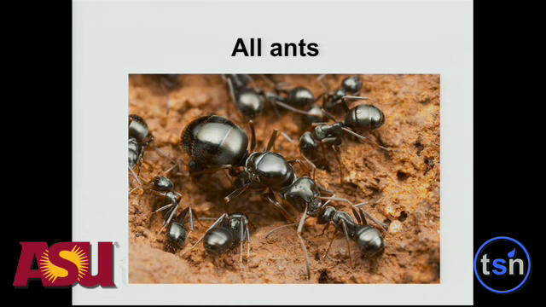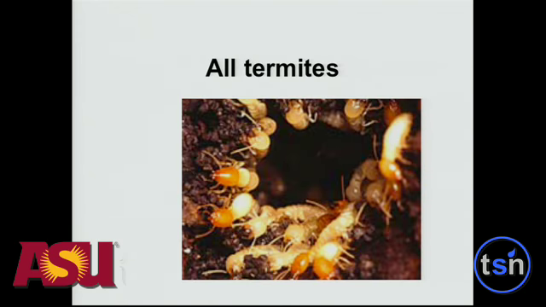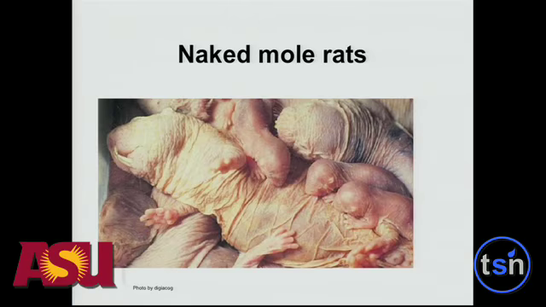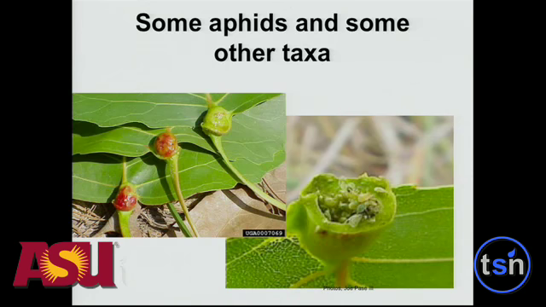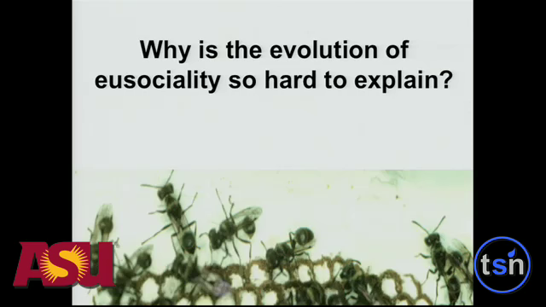All ants, so ants are not good for looking at the origins of eusociality because they're all eusocial, as are all termites. Naked mole rats is this, we all seem to have the same picture even. I think it was actually off a porn website, so I don't know what that says about us. And then there are some other newer social organisms like aphids and beetles and shrimp and things.